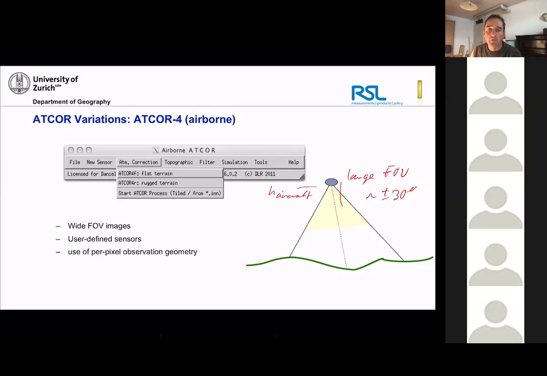For the satellites, it's always above the atmosphere, but for the airborne case, of course, the aircraft's altitude varies. For ATCOR 4, it's starting at about 1,000 meters to 20 kilometers. If you go below 1,000 meters, we get problems with ATCOR 4. That's why we started to develop the other one for drones. You have to reformulate some of the equations to make it work correctly for very low altitudes, very close to the ground.